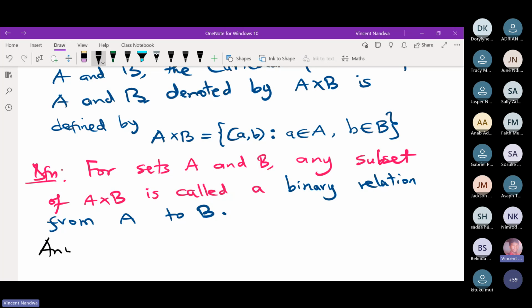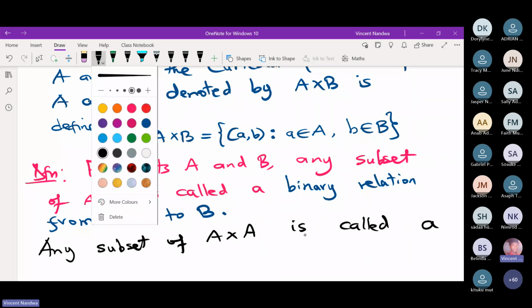Then any subset of a set crossed with itself is called a binary relation on the same set.